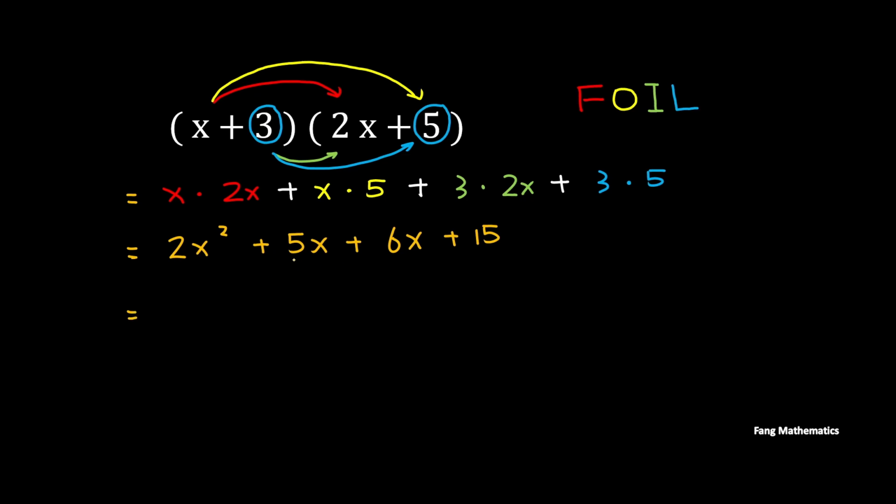If you look at the middle two terms we have, 5x and 6x, they are like terms, so we are to collect the like terms. So you should have 11x altogether. And let's simplify this. So your final answer should give you 2x squared plus 11x plus 15.